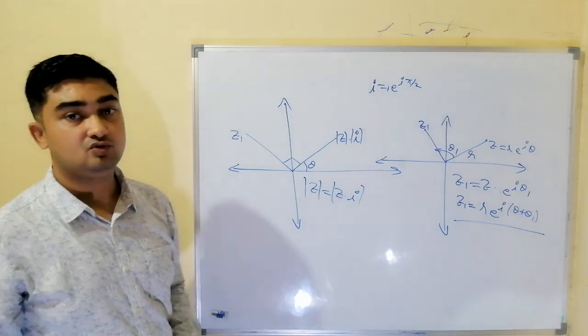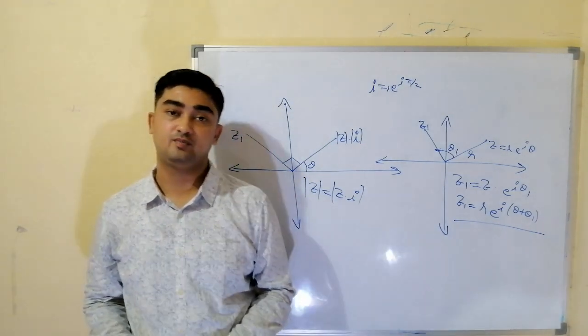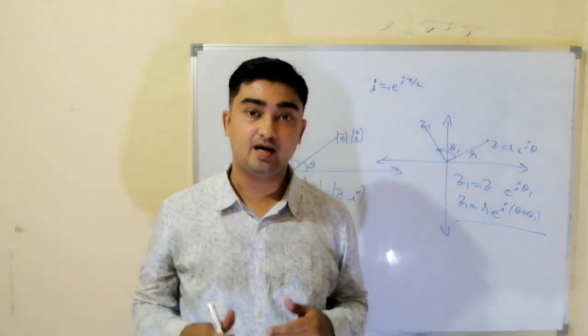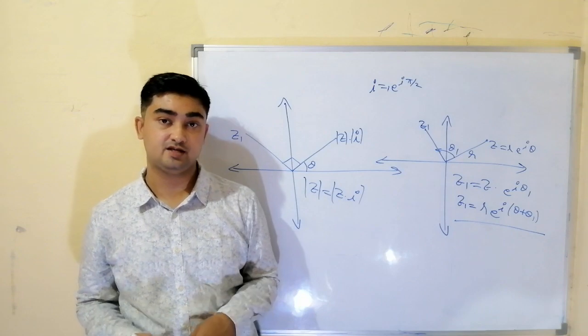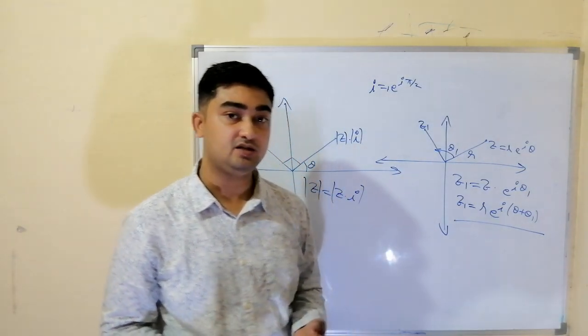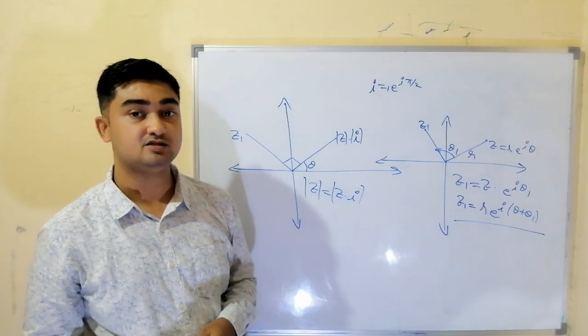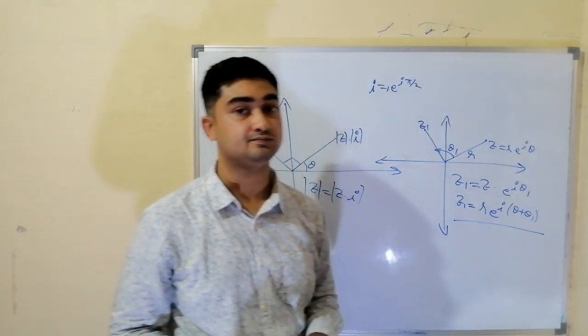So whenever we have to rotate a complex number, what should we do? We should multiply that complex number with e power iota theta if we want to rotate it by theta in the anti-clockwise direction. If we want to rotate it in the clockwise direction, we have to multiply with e power iota minus theta, because in the clockwise direction the angle is negative. So minus theta.